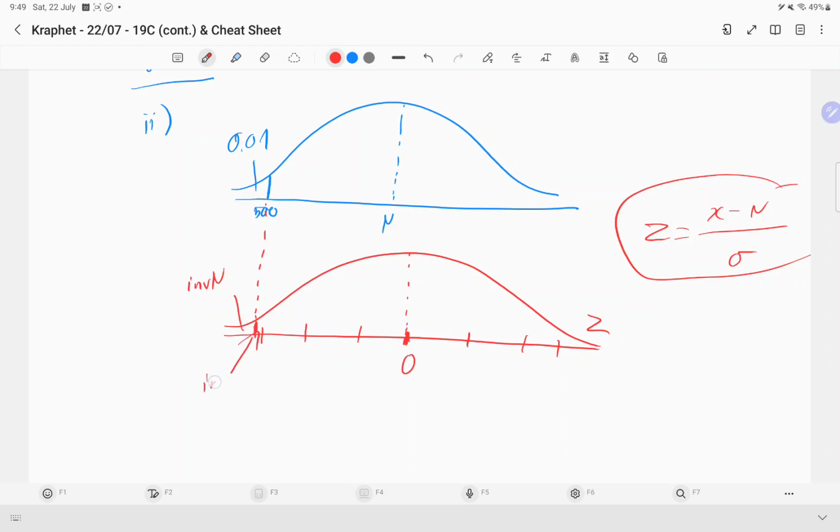This Z value is the inverse normal, with the left tail area 0.01, and because it's the Z distribution, the mean is 0 and the standard deviation is 1.